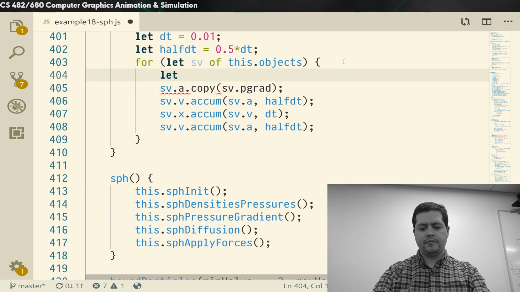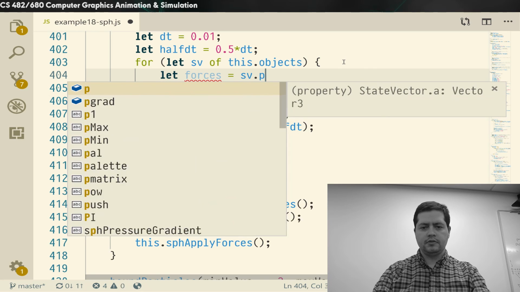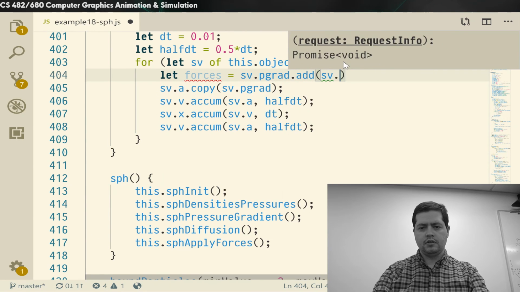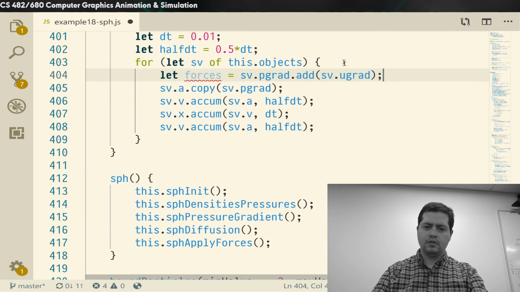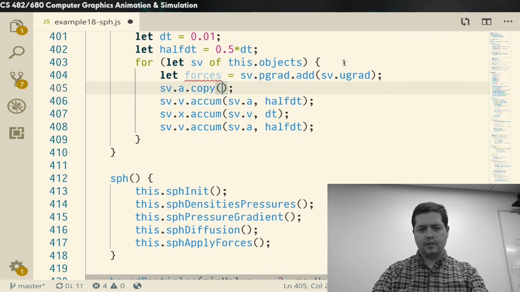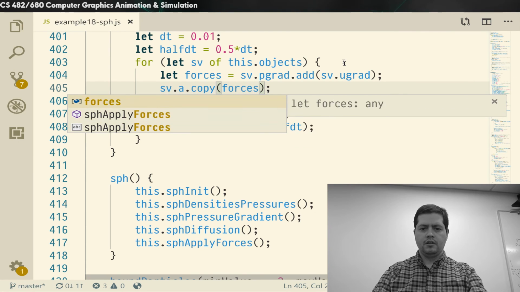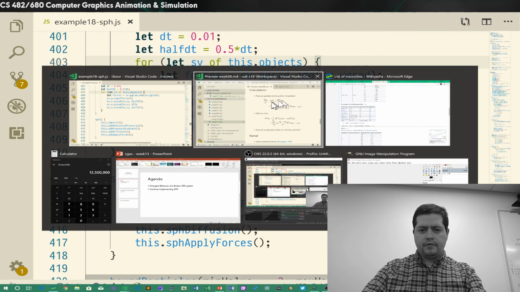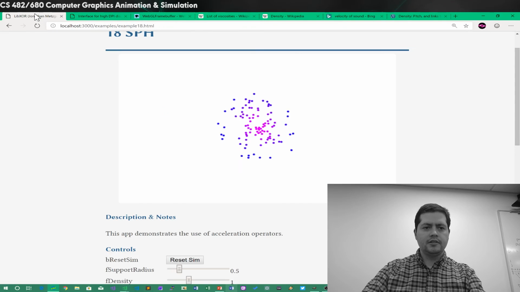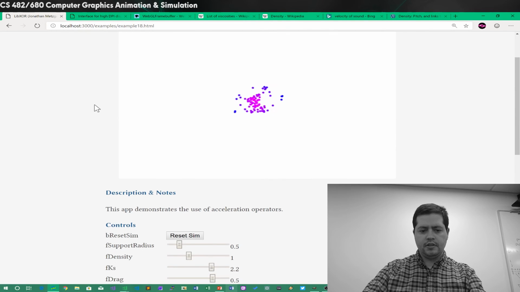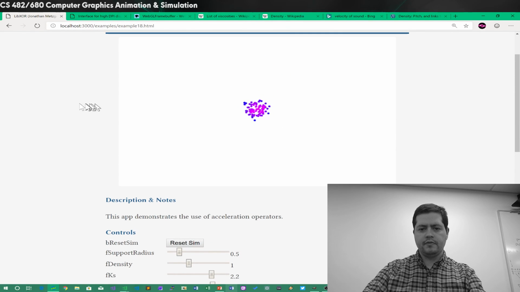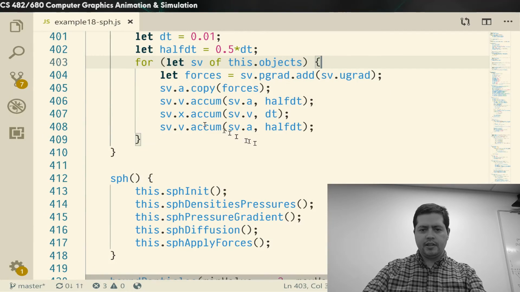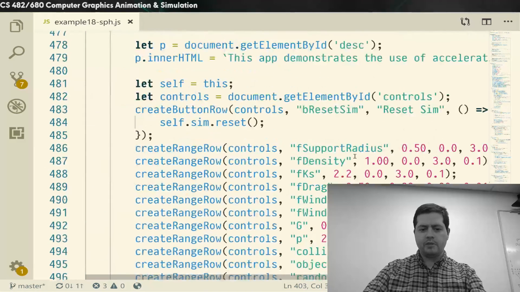So let forces equal... the only thing we haven't added is a measurement for viscosity. So let's go ahead and add a parameter for that.